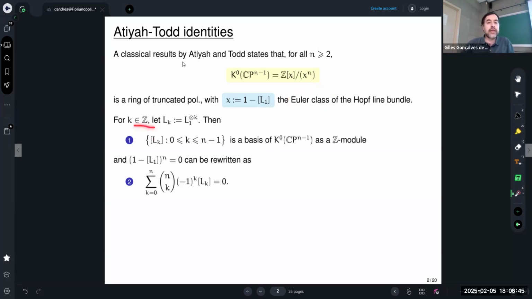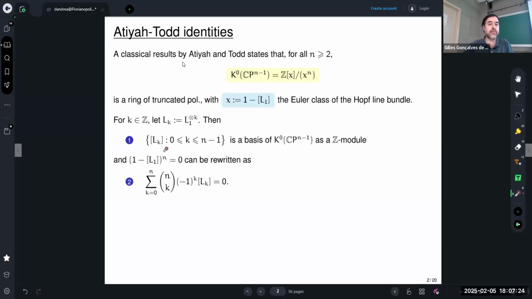Okay, so now call LK the k-th tensor power of this bundle L1. It makes sense also for negative k because line bundles are invertible. And L-1 here is just the tautological line bundle, in the example of complex projective spaces. Then what you get from this ring structure is that, in particular, if you take powers of X, the first n powers from 0 to n-1 give you a basis, and you can rewrite them in terms of the first n line bundles.